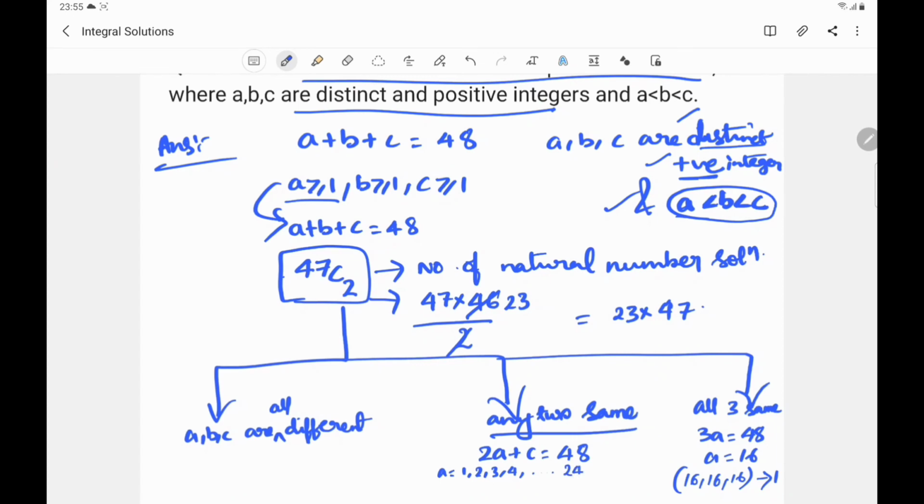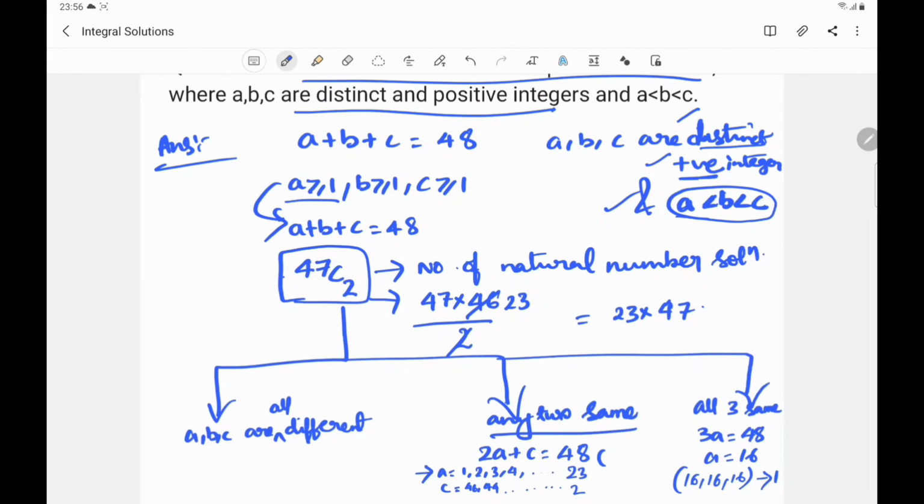If it is 24, this will be 48, and C has to be 0, so it can take till 23 itself. Accordingly, C will have some value. If A is 1, then C is 46, or if A is 4, this will be 44, and so on. If it is 23, C will be 2. So in this way, we are going to have 23 cases.